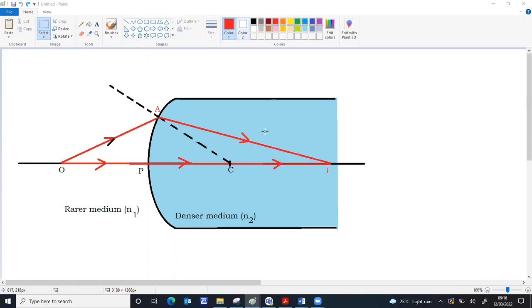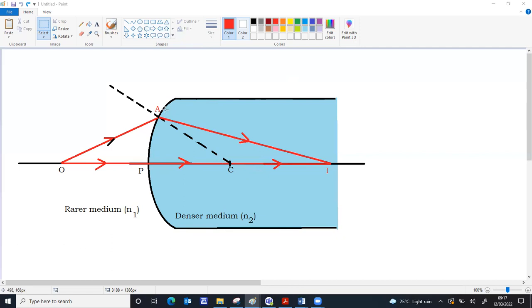The blue colored portion represents a curved surface with center of curvature as C. If you take this arc PA as one complete sphere, the center of that sphere is C. P to C is the radius of curvature.